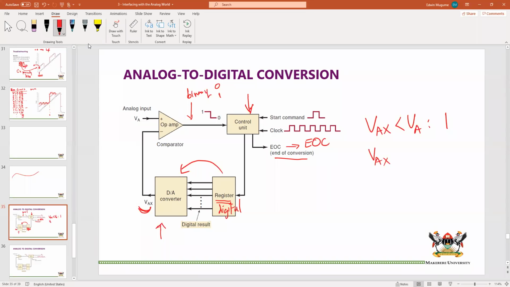If VAX is greater than VA, the output is 0. So we know that when we have a 0, that is when we are going to end the conversion.